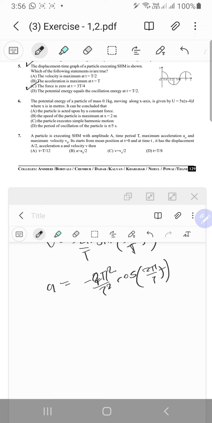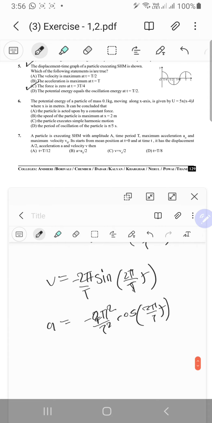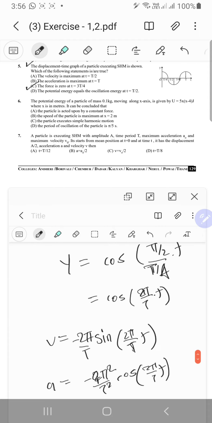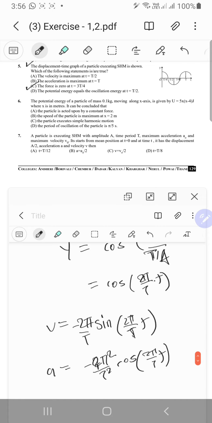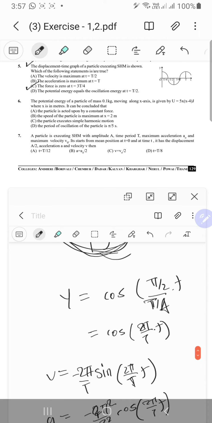Potential energy equals the oscillation energy, which means the total energy, I guess, at t equals capital T by 2. Okay, this is weird. t equals capital T by 2. What's the position though?